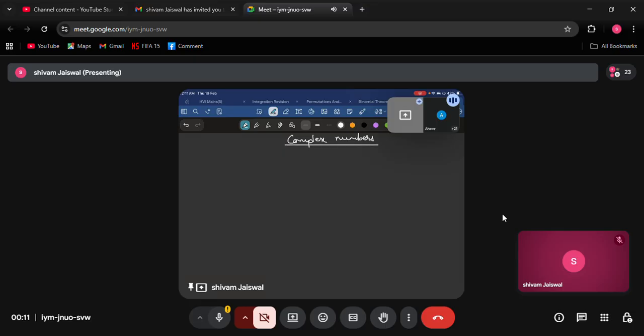Yes, everyone, I'll introduce complex numbers. You people know that the natural number set is a subset of whole numbers. Whole numbers are a subset of integers. Integers are a subset of rational numbers. Rational numbers are a subset of real numbers. Real numbers are also a subset of complex numbers. Okay, everyone, remember.